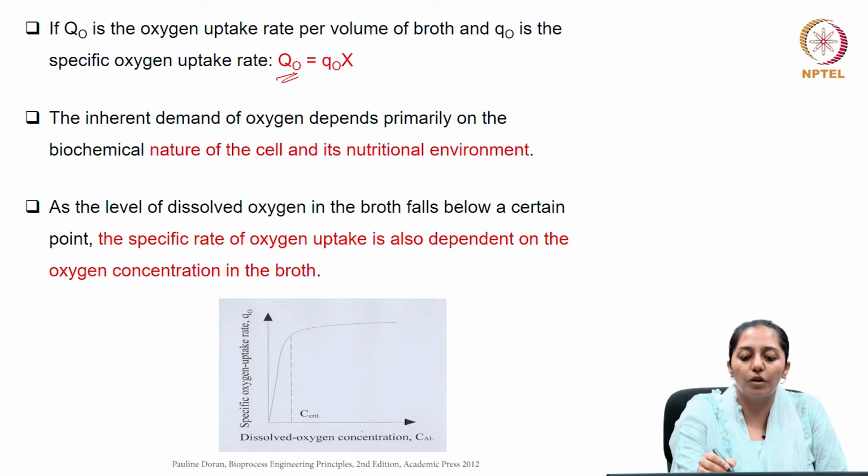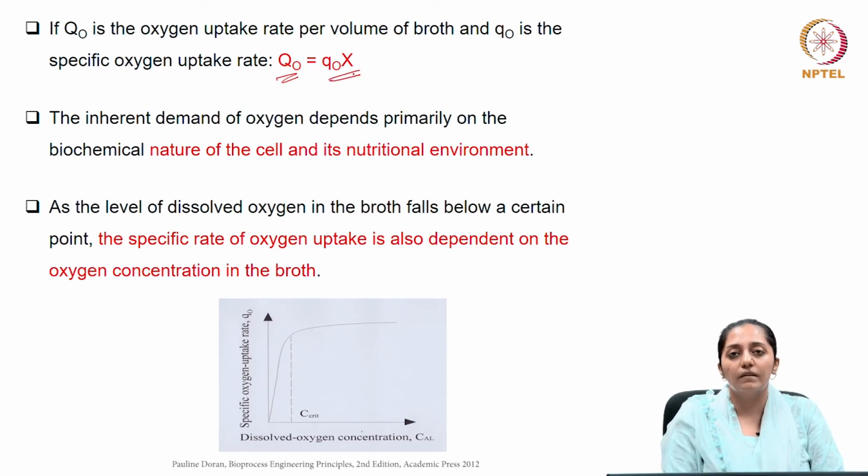Capital Q0 and small q0 can be related through X, where X stands for the biomass concentration. The inherent demand of oxygen depends primarily on the biochemical nature of the cell and its nutritional environment, which means we are talking about the specific oxygen demand.